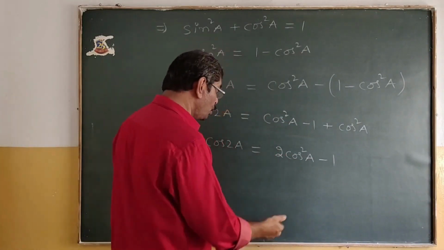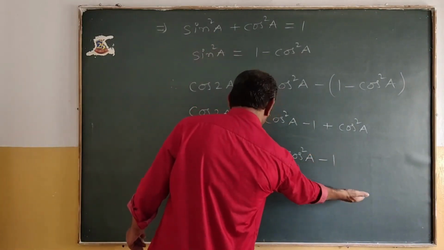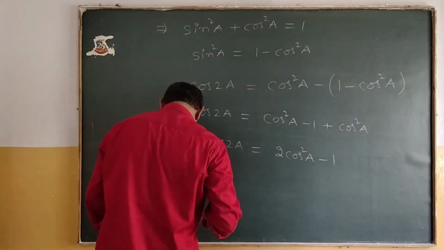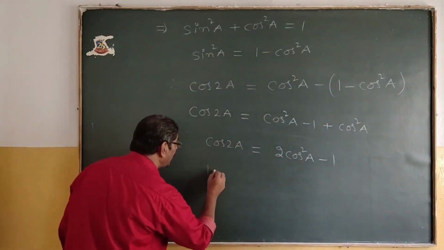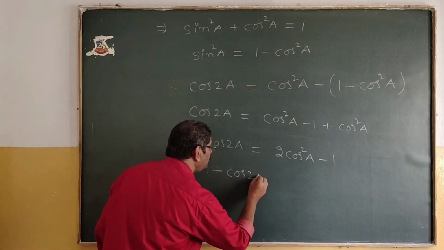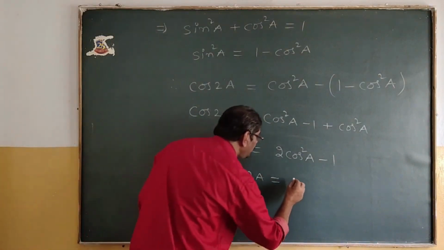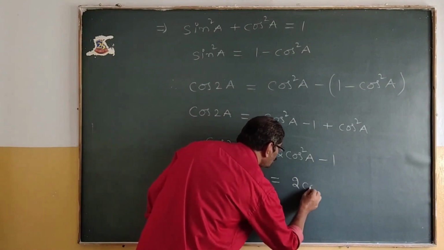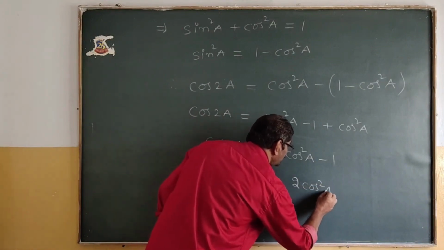I will take minus 1 to this side, so 1 plus cos 2A is equal to 2 cos square A.